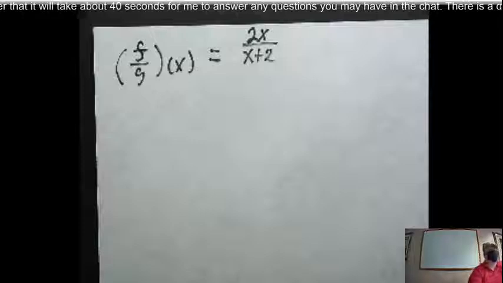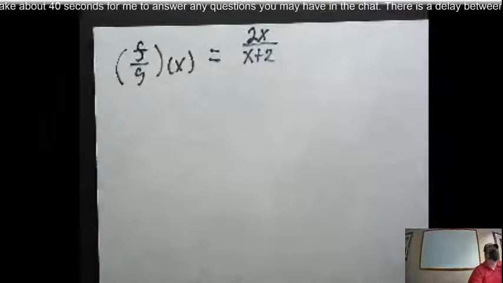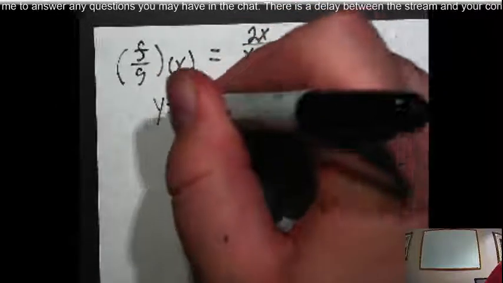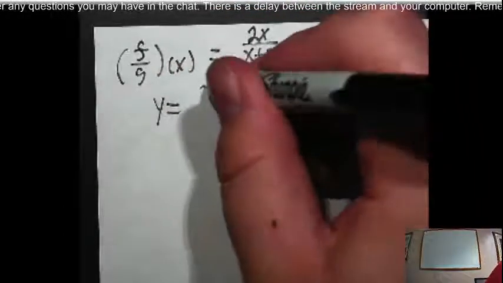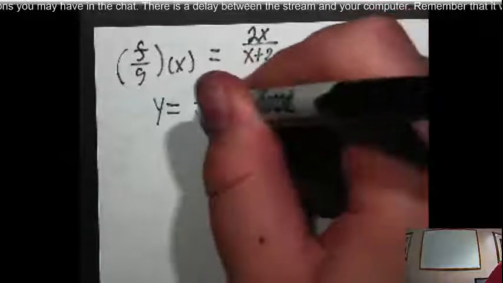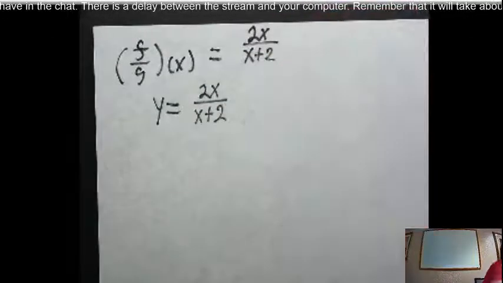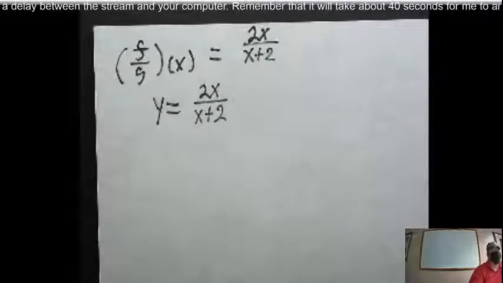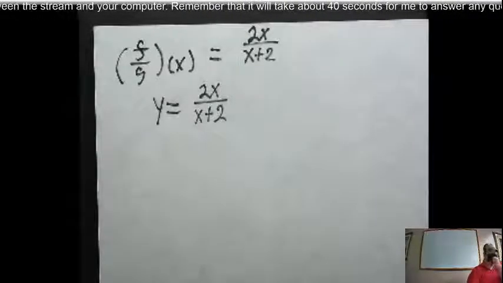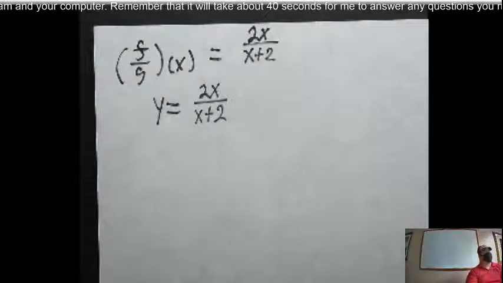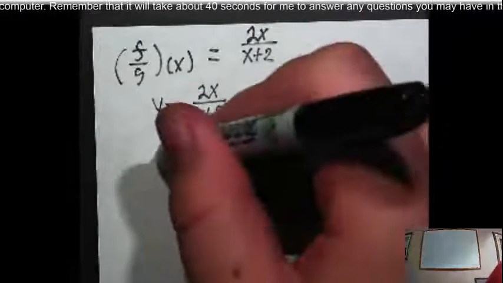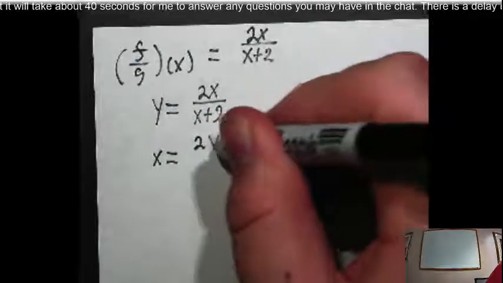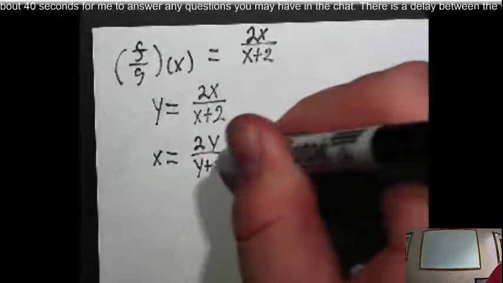Well, what's its inverse? Okay, well, to find the inverse, first of all, let's make this y instead, since it's easier to write. And like I said, an inverse is literally flip your x and y's, change their position. So we're going to do that right here. This becomes x equals 2y over y plus 2.